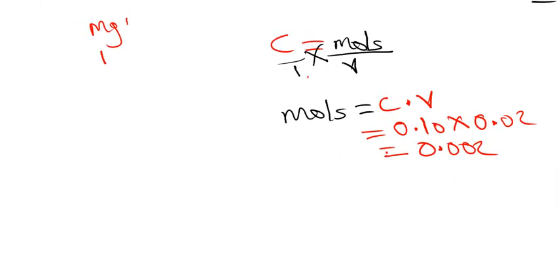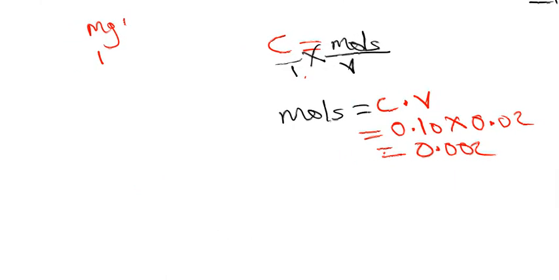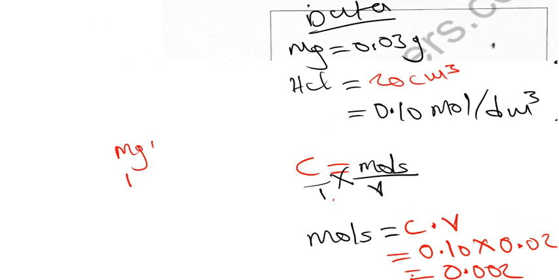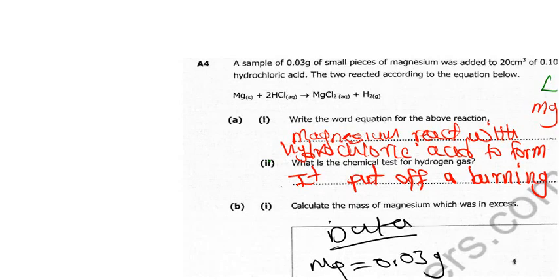The chemical equation will help us to come up with the molar ratio, where we compare the moles of magnesium which reacted to the hydrochloric acid. You can look at magnesium and hydrochloric acid here. What we just compare here are the coefficients of each. Magnesium has a coefficient of 1 and hydrochloric acid is 2.